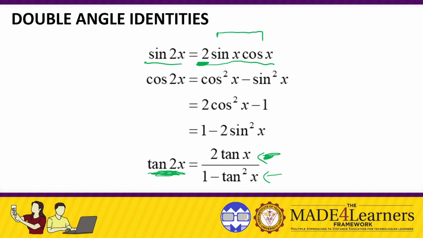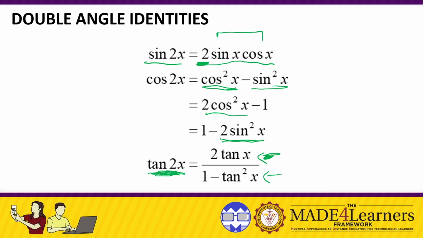Now, for cos 2x, there are 3 forms. So how to remember this? For cos 2x, always remember that the sine function is found at the last part, the second term, and the cos function is always at the first term.